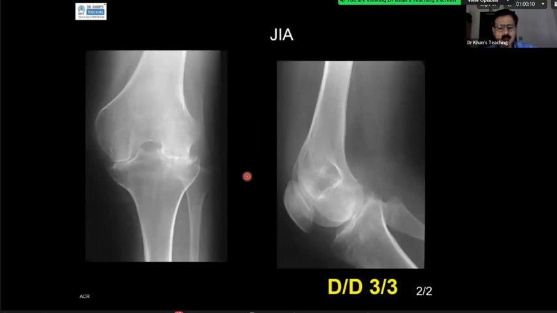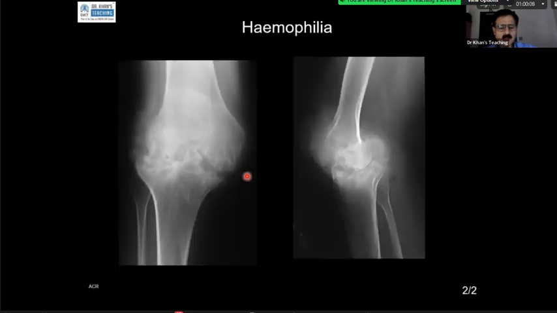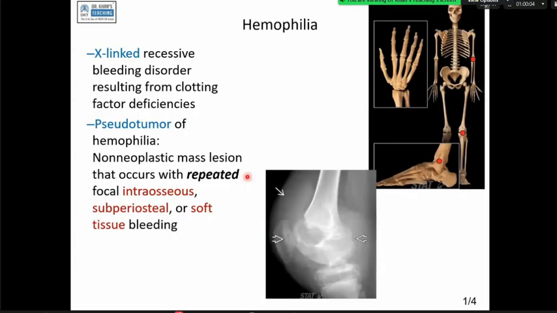Now, in hemophilia, the key thing which you have to remember is, think like this, that the radiological features which we get are because of bleeding.